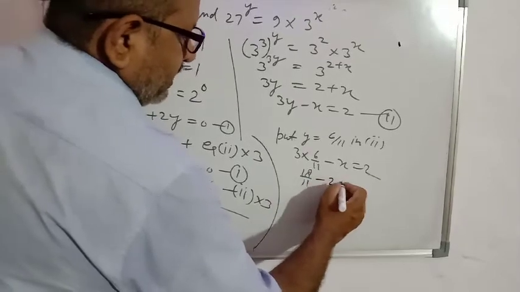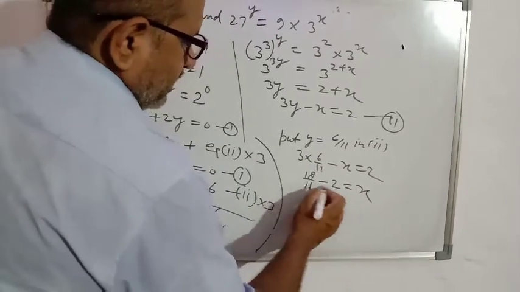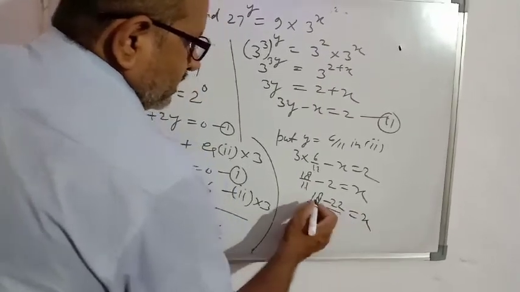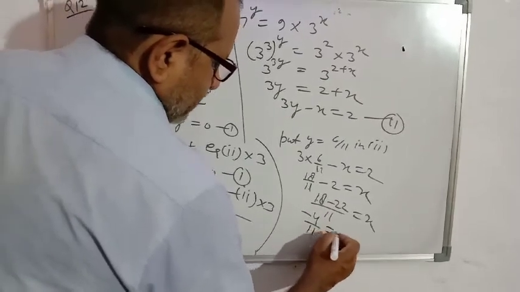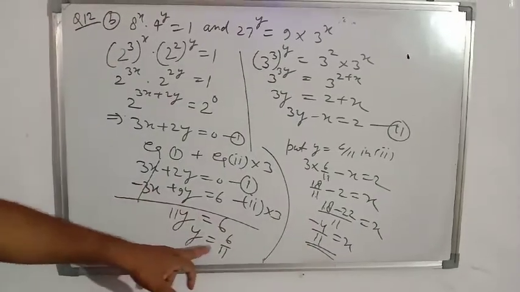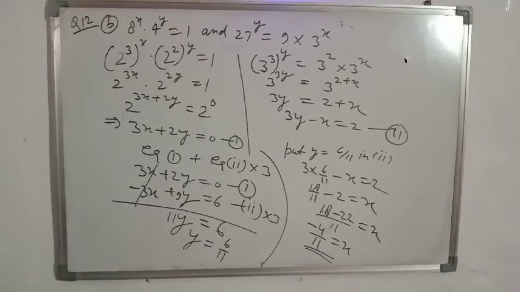Transpose to the left side and minus x to the right side. So 18, 11 to the 22, minus 22 upon 11. 18 minus 22 is minus 4 by 11 is equal to this. So this is the value of x and this one is the value of y. x is minus 4 by 11, y is 6 by 11.